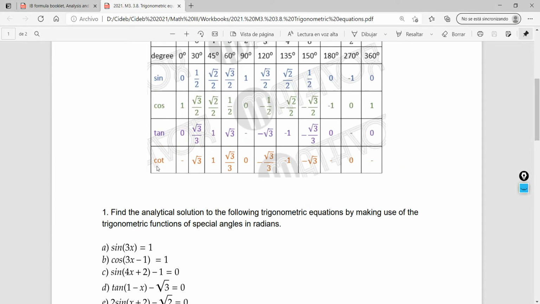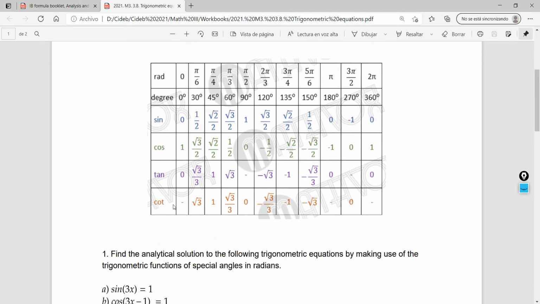By the way, ignore this, the cotangent, that's a function that we don't use in this semester. So sine, cosine, and tangent, we only considered the sine, the cosine, and the tangent of these angles in here, from 0 to pi over 2 radians. Okay, so only positive values, like you can see.